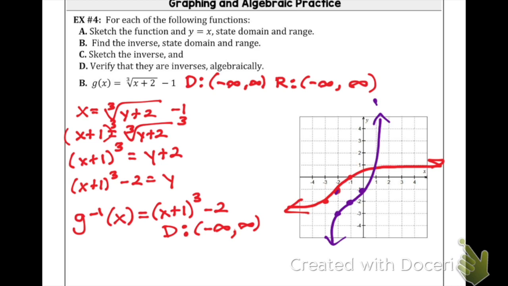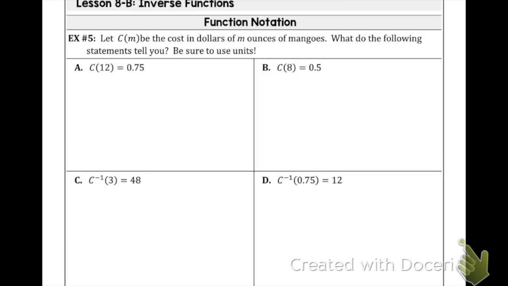Okay, moving on. Now the second part of these notes is going to take these inverse function concepts and apply them to real-ish life scenarios. So let C of M be the cost in dollars of M ounces of mangoes. What do the following statements tell you? Be sure to use units.